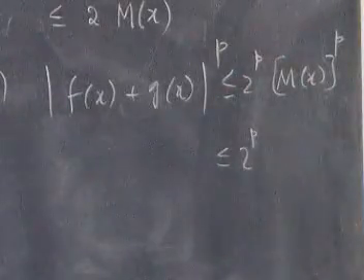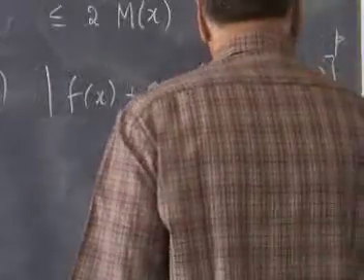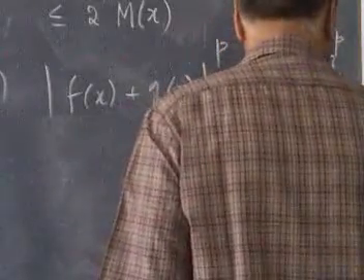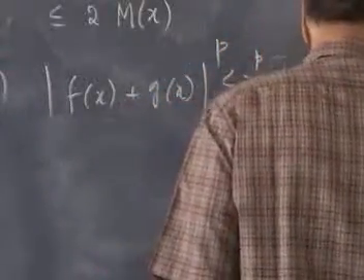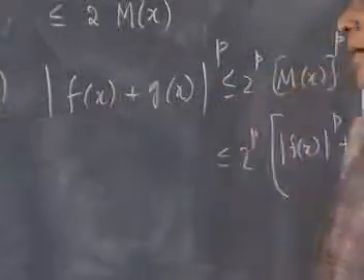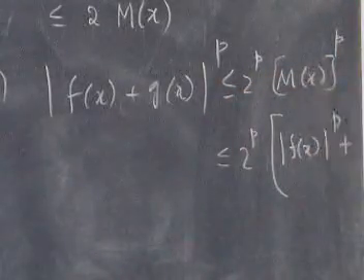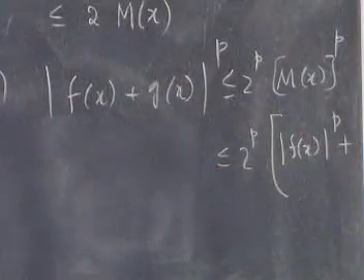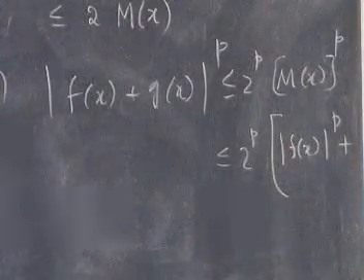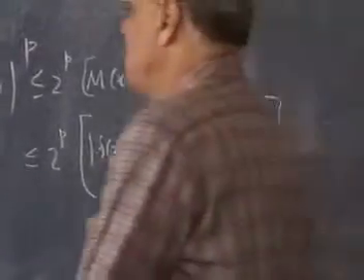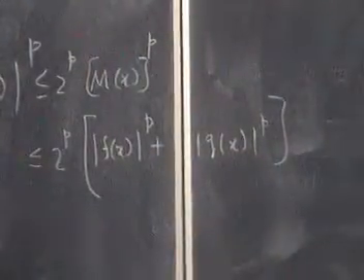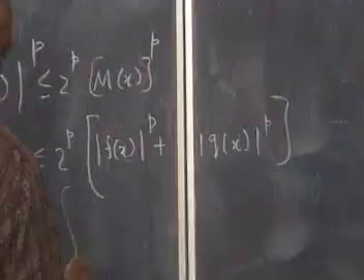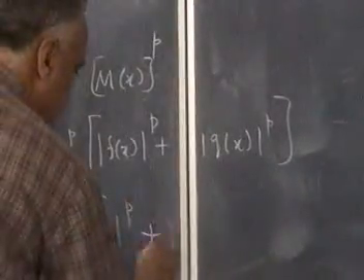So, to avoid that, what I do is I put both of them. So this will be either this or this. At any rate, I have added something extra, so that it will be less than or equal to mod fx to the power of p plus mod gx to the power of p. Therefore, the integral of this is less than or equal to 2 to the power of p times the integral of this plus the integral of this.